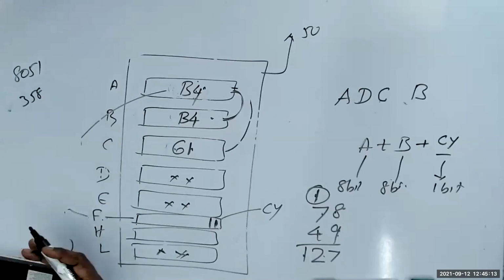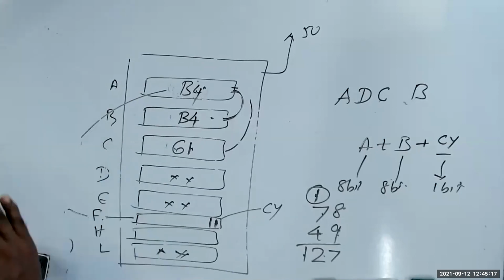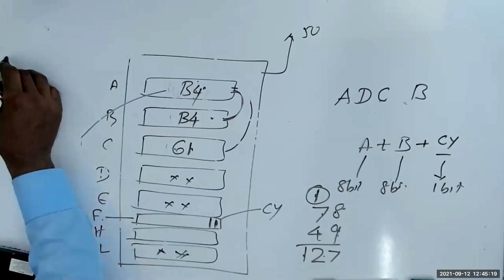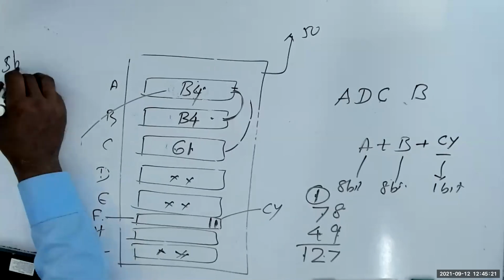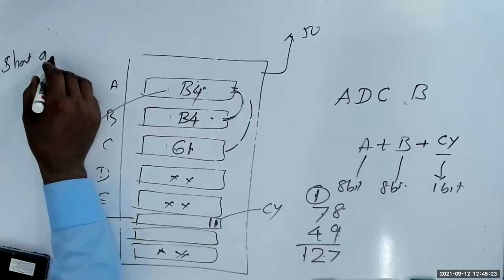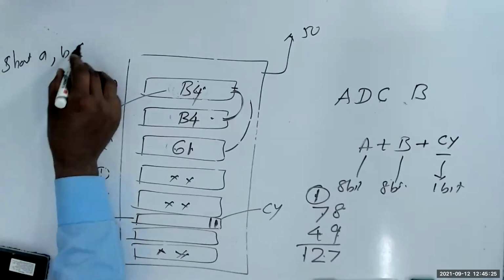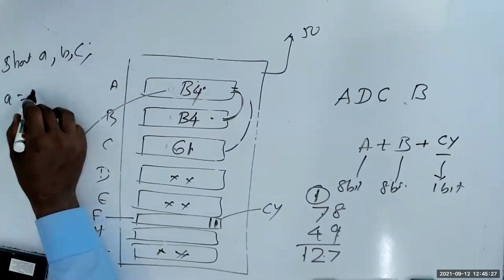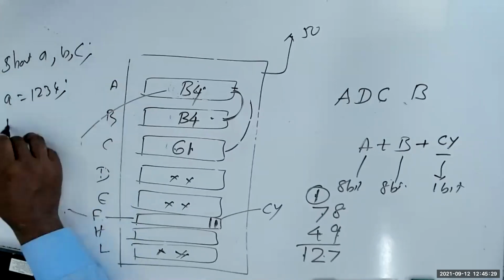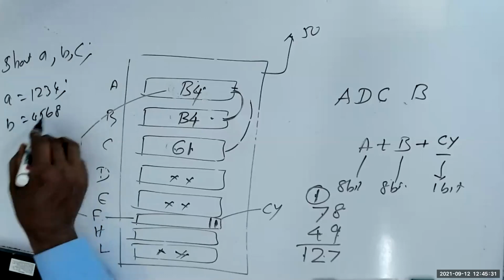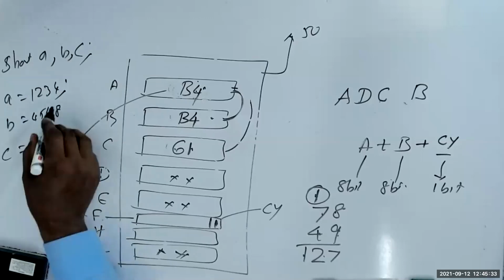All of them, even though they have an 8-bit microprocessor, if you say short A, comma B, comma C, A is equal to 1234, B is equal to 4568, C is equal to A plus B. This is 16-bit, but your microprocessor is 8-bit.